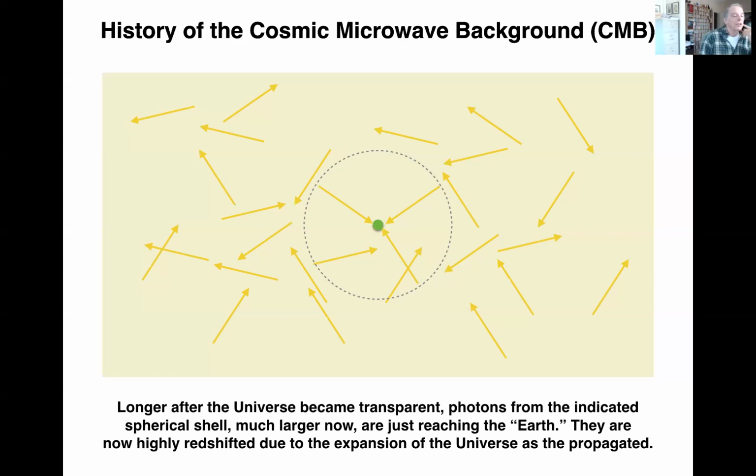And the first object in the study of this CMB that was discovered by Penzias and Wilson was to ascertain whether or not it was black body radiation.